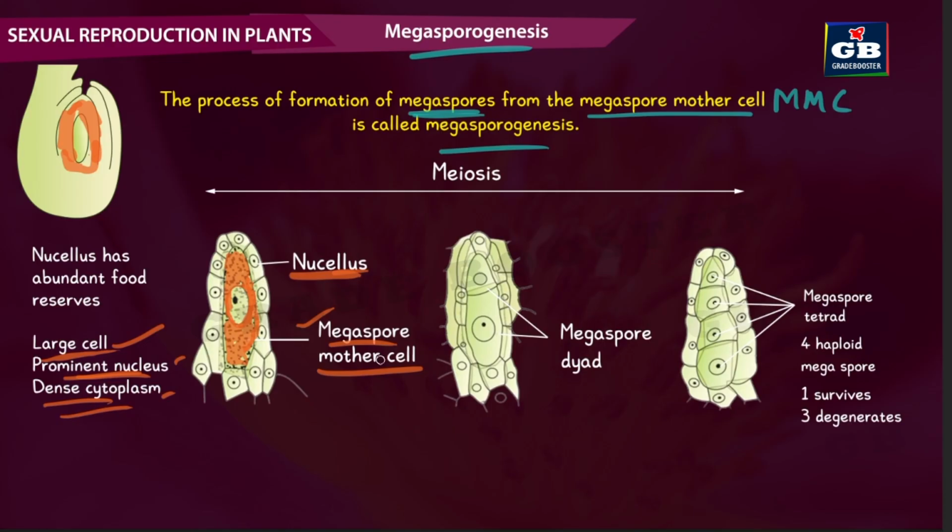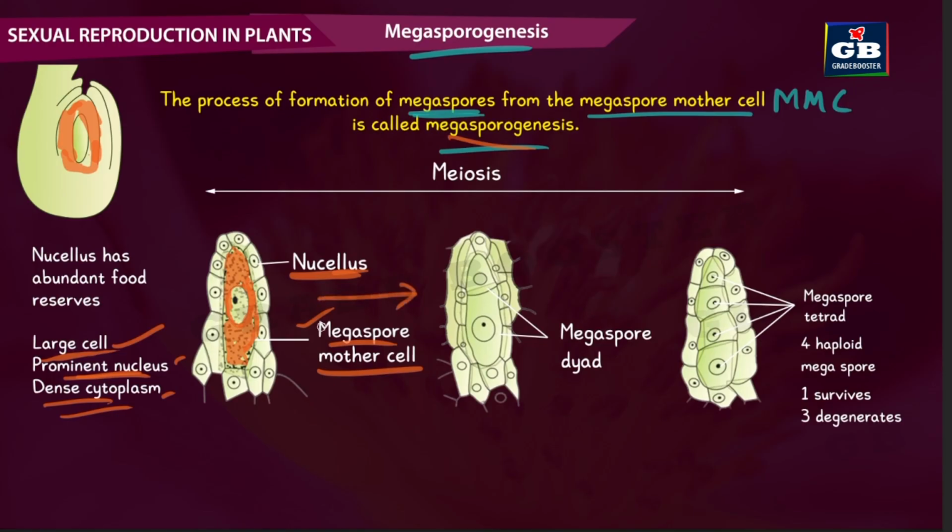So from where has this megaspore mother cell come? One of the cells of the nucellus differentiates into the megaspore mother cell. From this megaspore mother cell, what will be formed? Megaspores are formed. That process is called megasporogenesis, formation of megaspores from the megaspore mother cell.